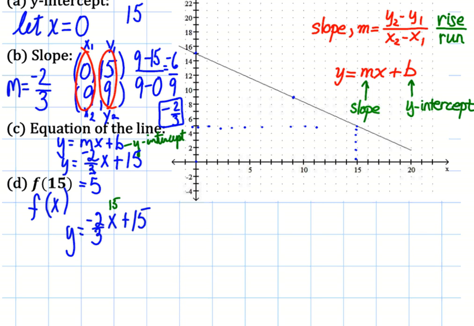If I just substitute that for 15, notice 3 will go into 3 one time, 3 will go into 15 5 times. So we have a negative 10 plus 15. y is going to be equal to 5.